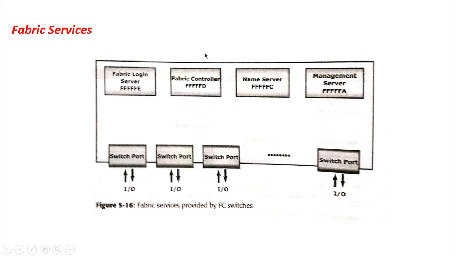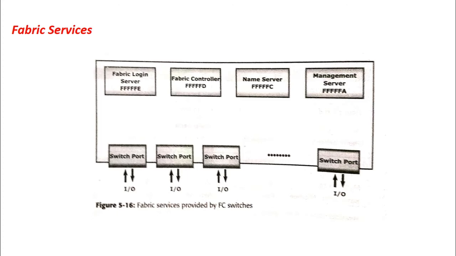The fabric controller provides services to both the node ports and other switches. The fabric controller is responsible for managing and distributing registered state change notifications, or RSCNs, to the node ports registered with the fabric controller. If there is a change in the fabric, RSCNs are sent out by a switch to the attached node ports.